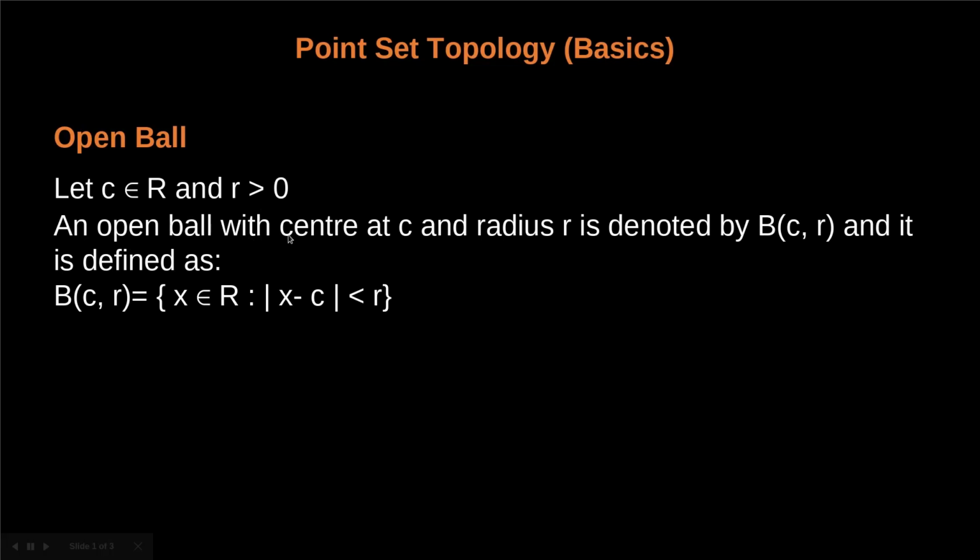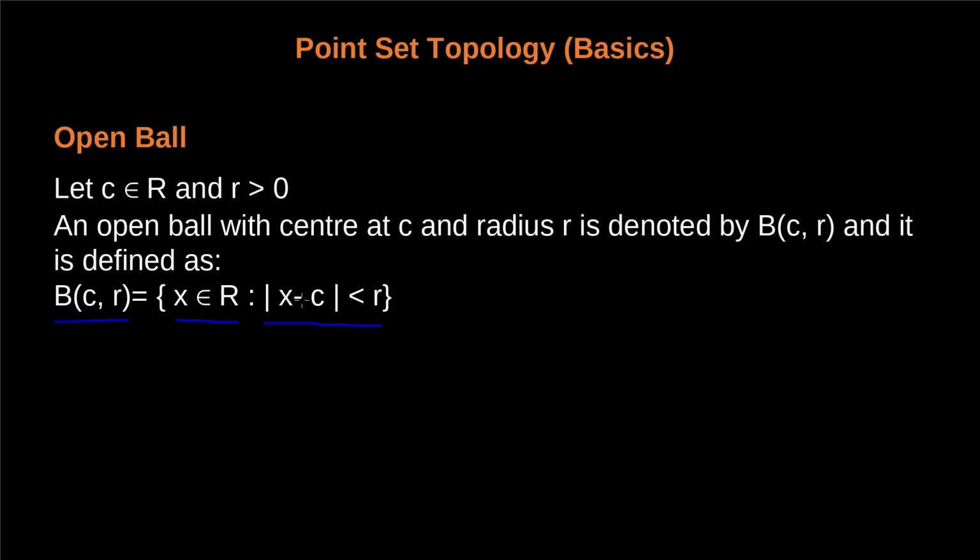Then an open ball with center at C and radius R is denoted by B(C, R), and it is defined as the set of all real numbers x such that modulus of x minus C is less than R.